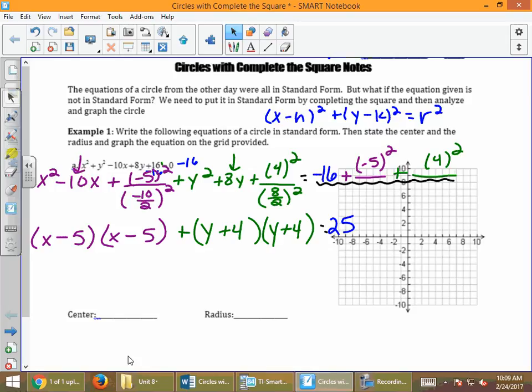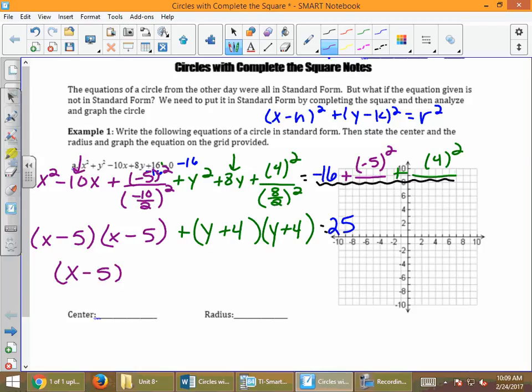One more step. Okay. How many x minus 5 do we have? 2. When that happens, we have 2 of the same thing and you're multiplying, you can rewrite it once and square it. So we have 2 x minus 5, we can condense it and make it x minus 5 squared. Well, same thing with the y.